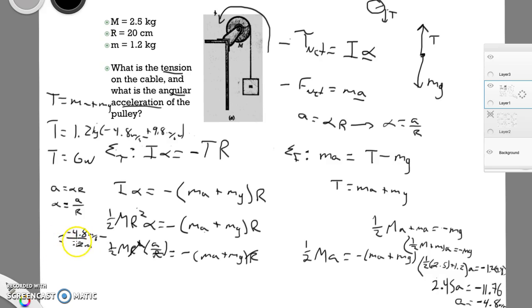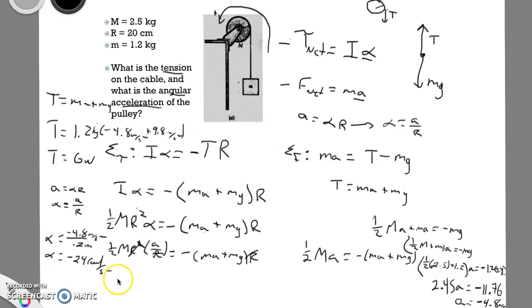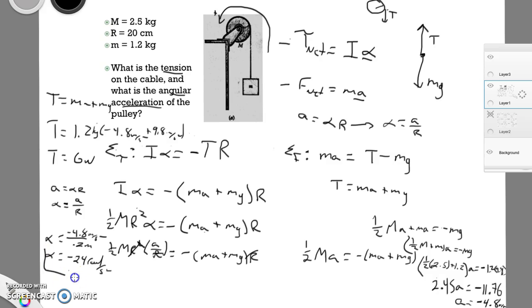And so that's going to give us negative 24 radians per second squared. Let me double check that. So yes, we get negative 24 radians per second squared for our angular acceleration.